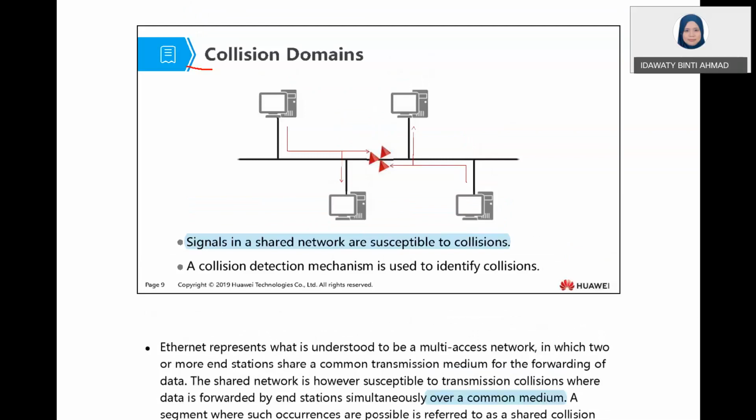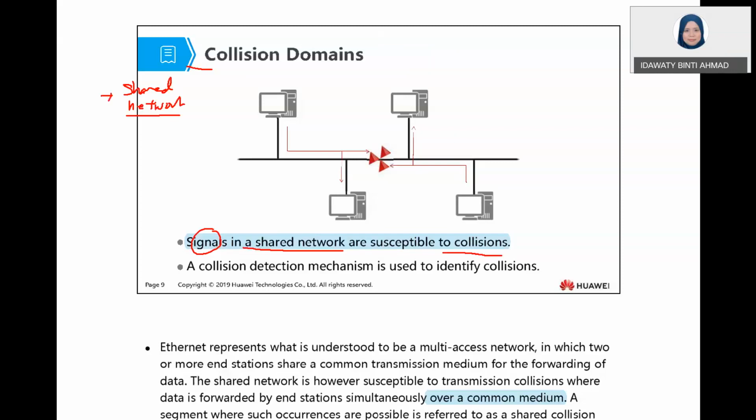So, when you transmit signals in a shared network, there will be a collision. I guess just now I already explained to you what is meant by this shared network.